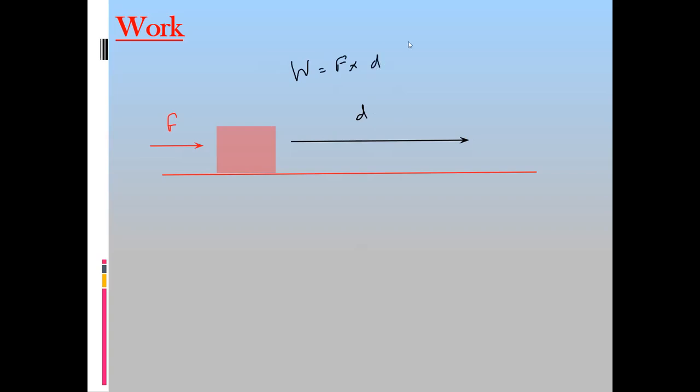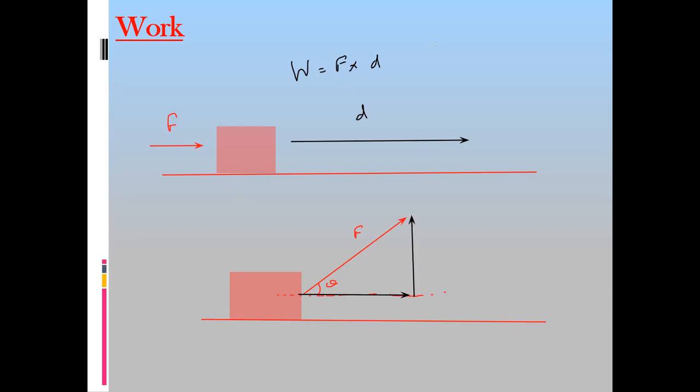But what will happen if the force is making a certain angle with the x-axis? At that time we have to resolve the force into components. So if we are applying a force F that is making an angle theta with the x-axis, this F will have two components. One component is with the angle and the other component is against the angle.